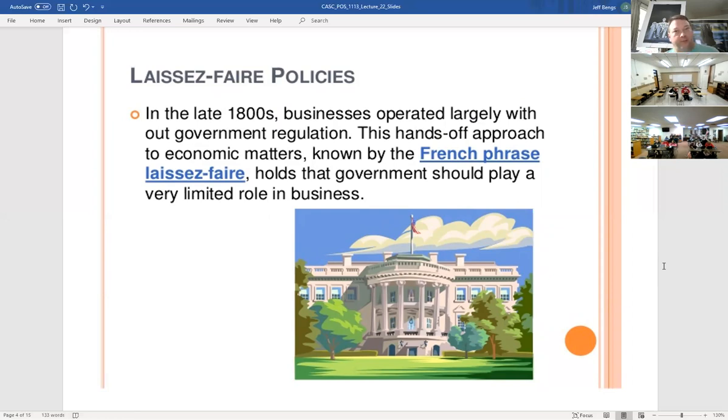And that's a French phrase which simply means the market that is laissez-faire is a free market. It's one that is free from, and you can see here in the second sentence, government regulation. For the most part.